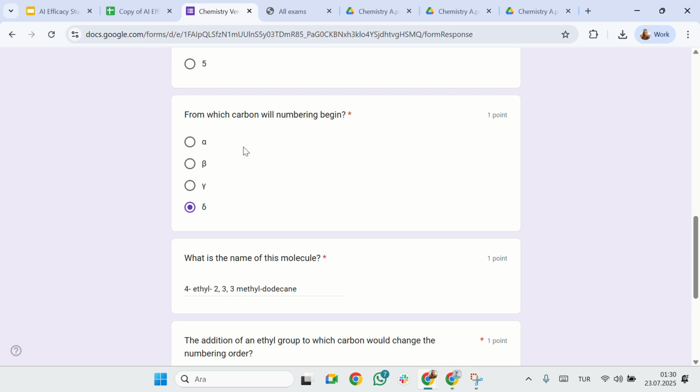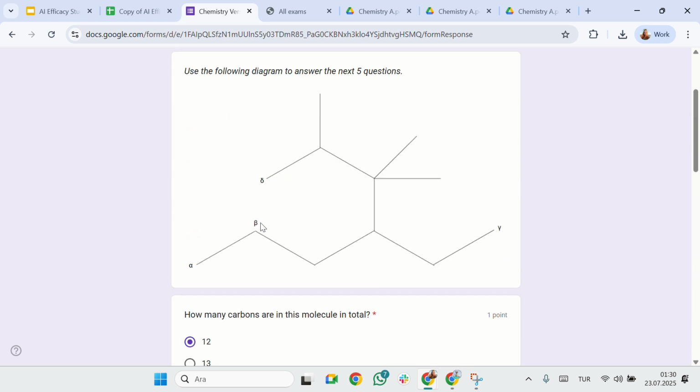Let's say if we add an ethyl group in here: 1, 3, 4, 5. Okay, so 1, 2, 3, 5.